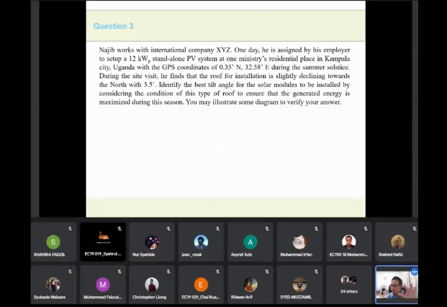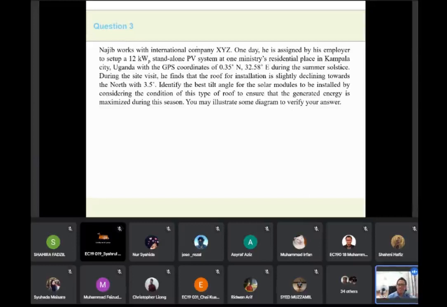Najib, not his real name, works with an international company XYZ. One day he's assigned by his employer to set up a 12 kilowatt peak standalone PV system at a ministry residential place in Kampala City, Uganda. We thought it would be in Malaysia, but it's a different country.